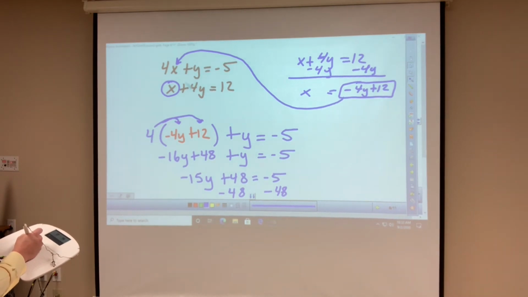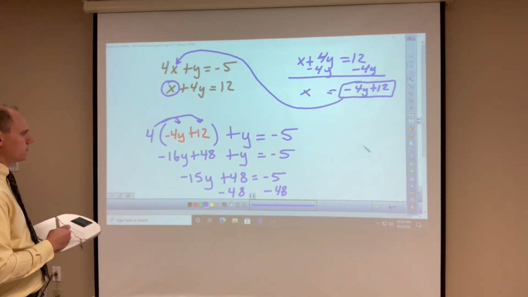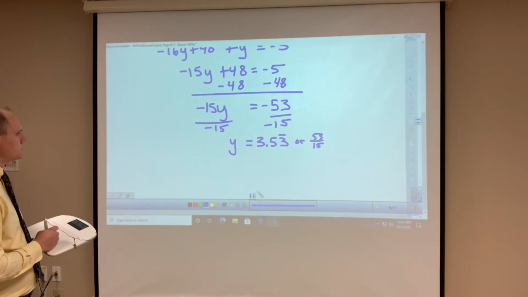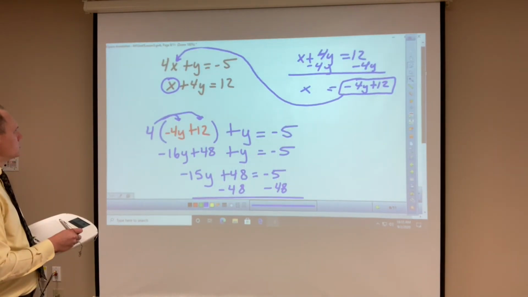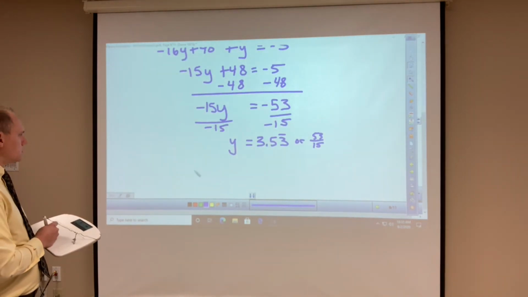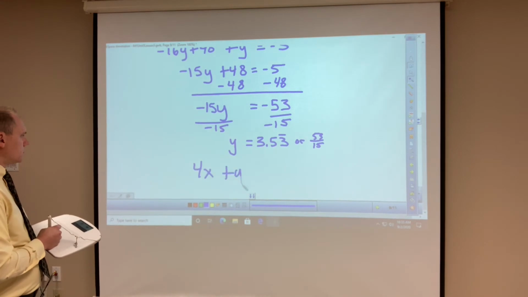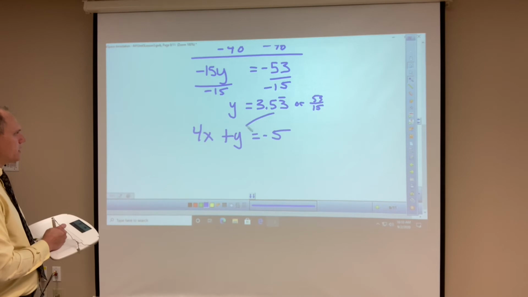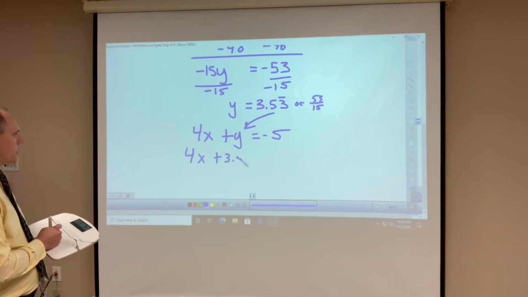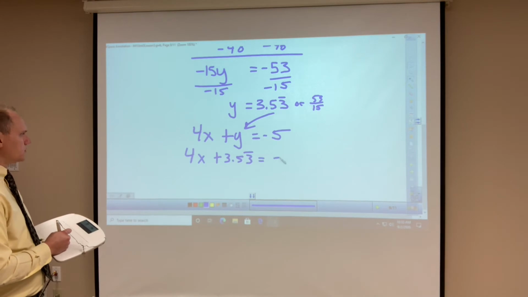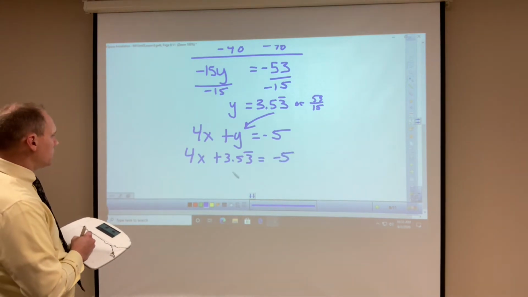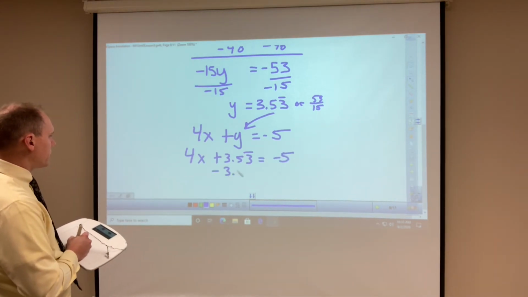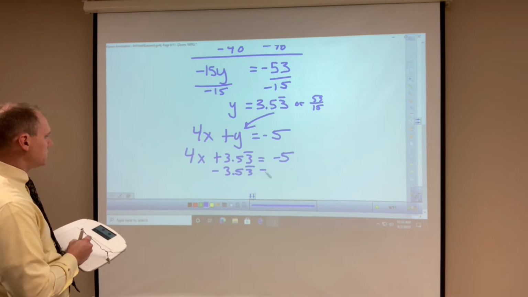Actually, probably equivalent here, but let's do the top one here. If we substitute what we know y is equal to in there, we get 4x plus 3.53 repeating equals -5. So you could subtract 3.53 repeating on both sides.